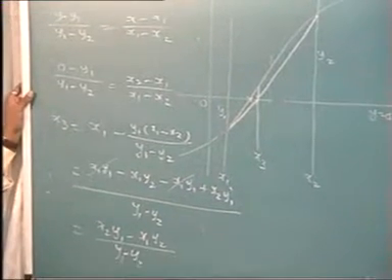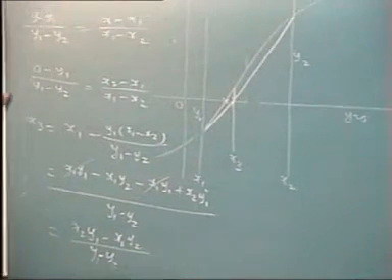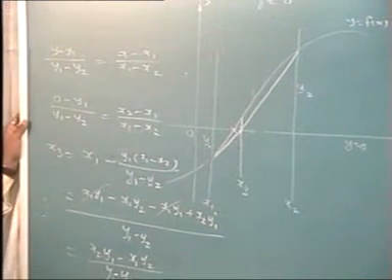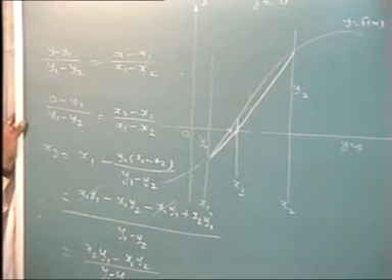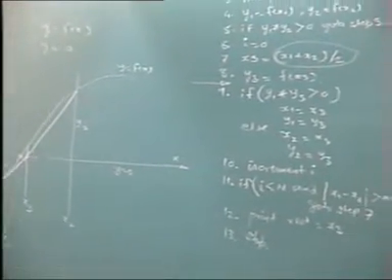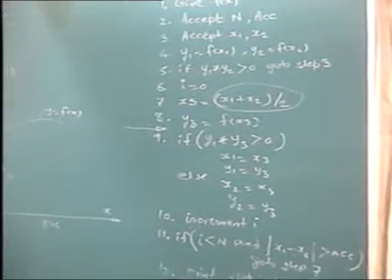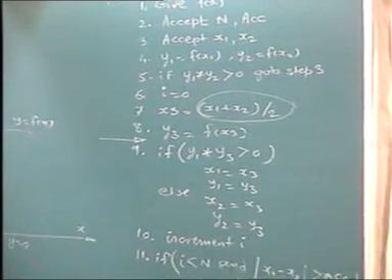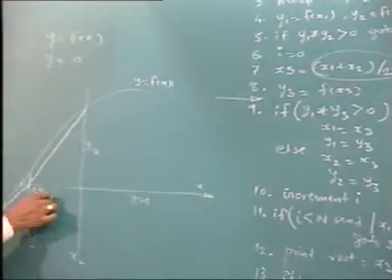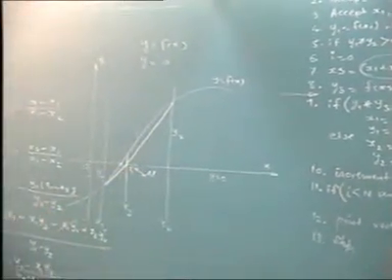Very often this method gets confused with the secant method, whereas secant is slightly different from this. This is false position. That is the equation of the line. In the equation of the line, I am substituting x3 comma 0 and finding out x3.